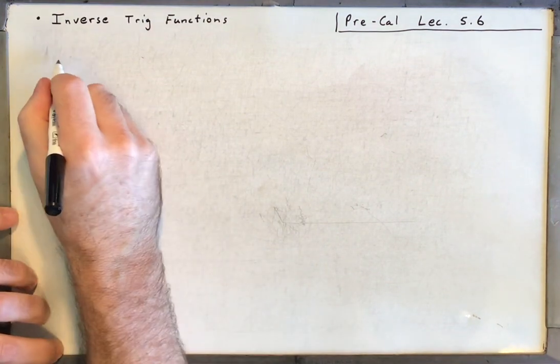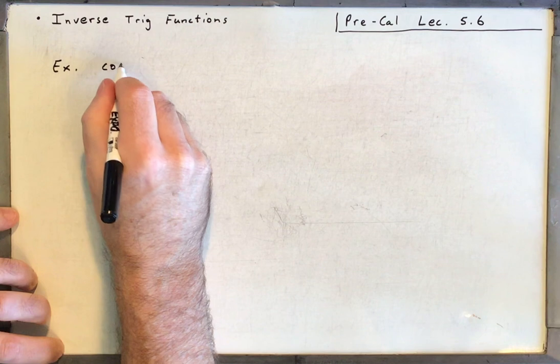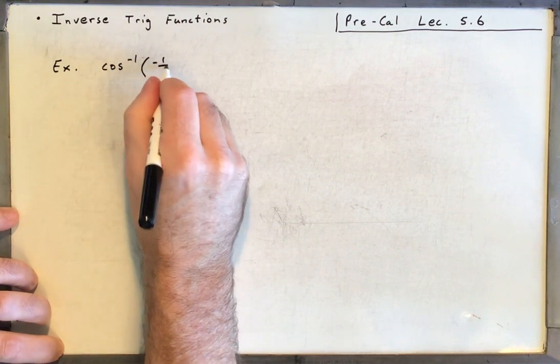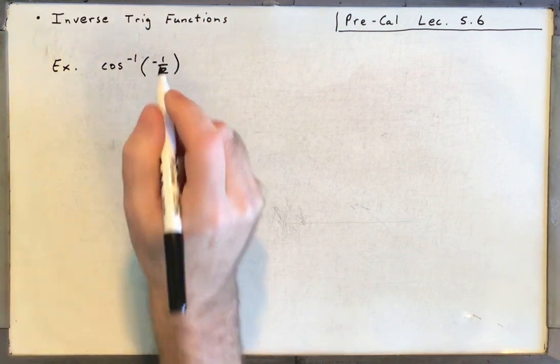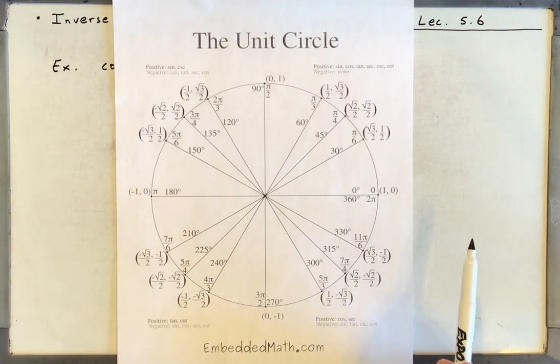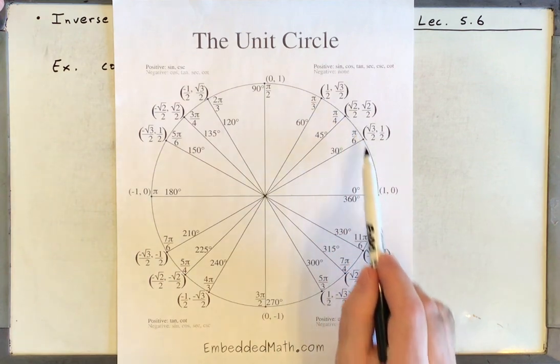Okay, the next example is we want to know the inverse cosine of negative 1/2. All right, well, let's look at our handy unit circle. Okay, we're going to find where the cosine is negative 1/2. Well, remember, cosine's the first one in the parentheses.